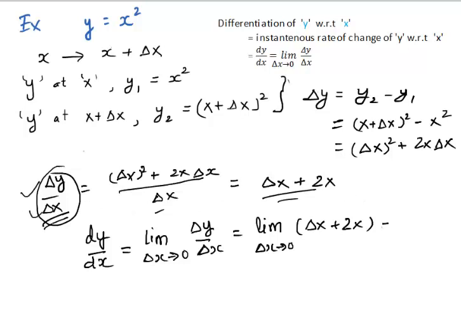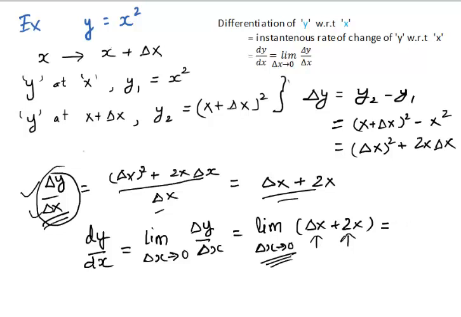And you can quite clearly see that if delta x is very small, which is very close to 0 but not 0, so very small number added to a finite number, which is 2x at certain point. So a small number added to a finite number will be as good as 2x.